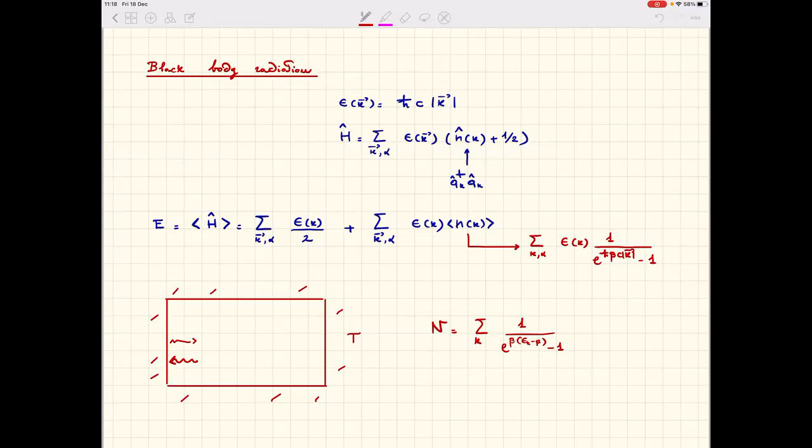Let me put it in a different way. How do you determine the equilibrium between two volumes in a system, right? Two subvolumes, volume V1 and V2. If they can exchange particles, when do you have an equilibrium situation? You have an equilibrium situation when the two chemical potentials are identical.